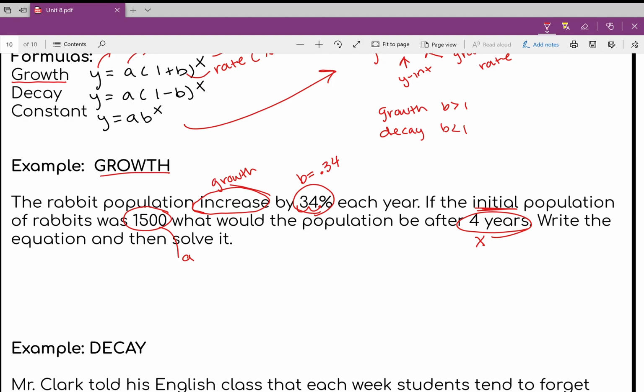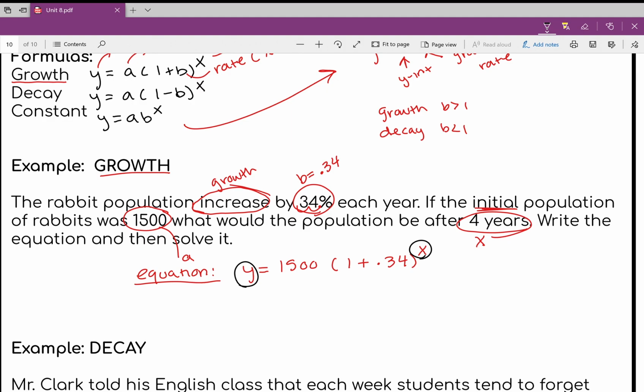So we have y is equal to a, which is 1,500, parentheses 1 plus, since this is a growth, 0.34 to the power of x. This is our equation part. Remember, in an equation, you always have y and you always have x.